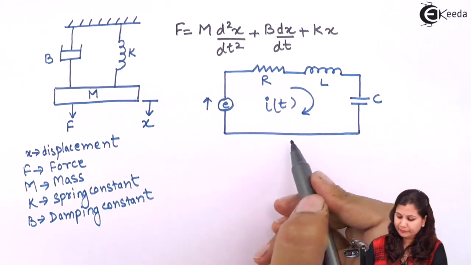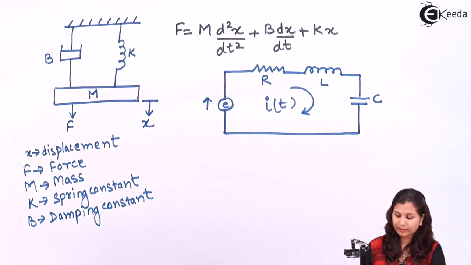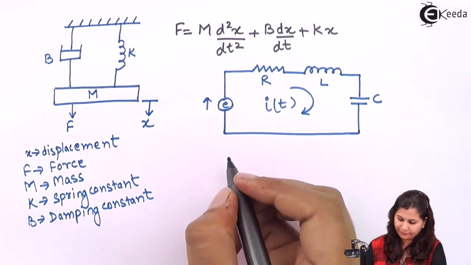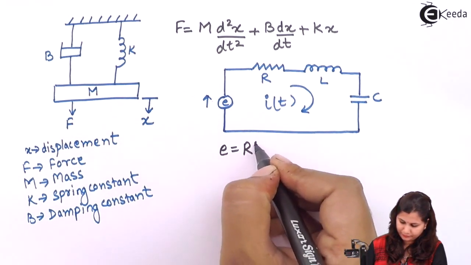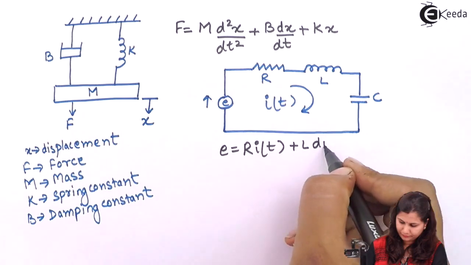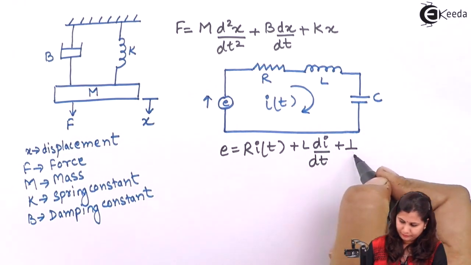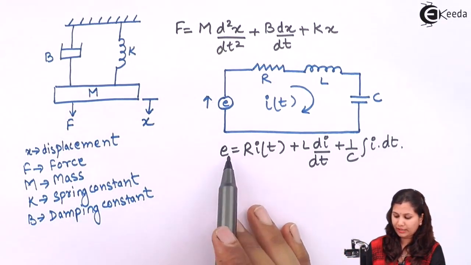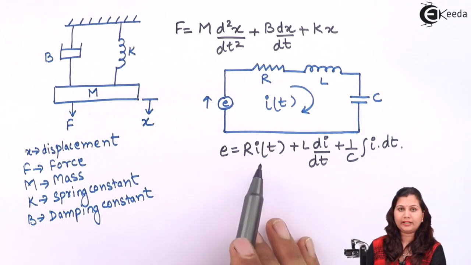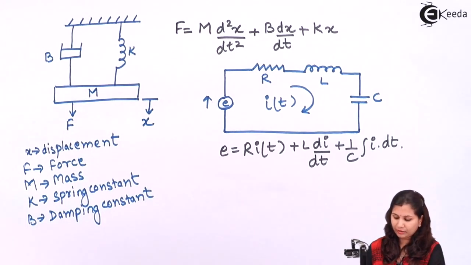If we write the mathematical equation for this system, we will have the equation for the voltage, the relationship between the voltage and the current.